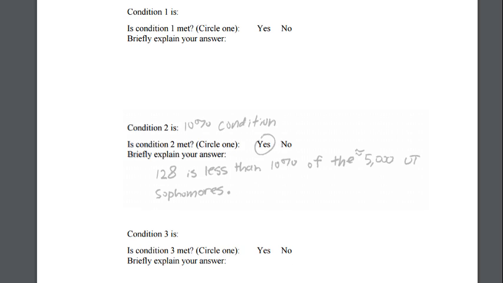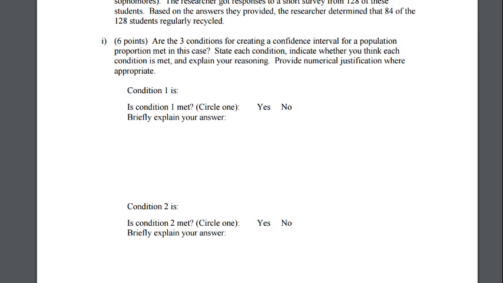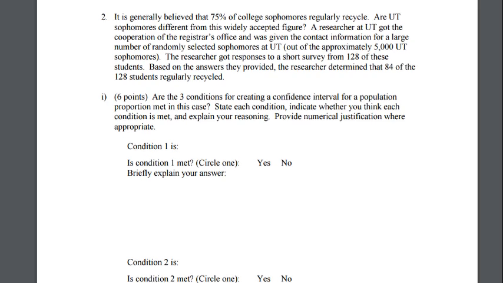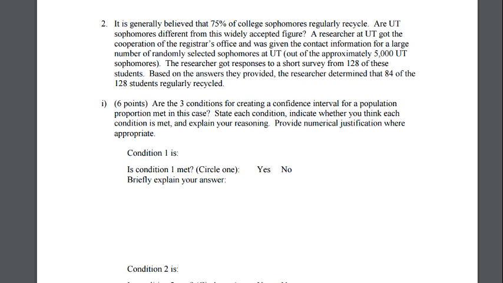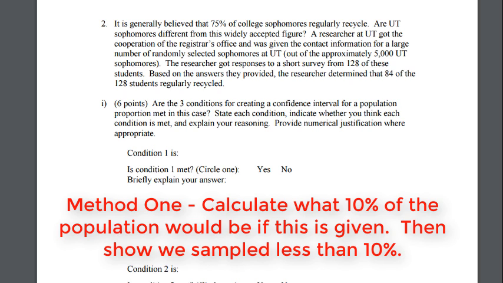Next, we have the 10% condition. Now, how could we justify the 10% condition? The 10% condition is that we need to sample less than 10% of the population. So think about that for a moment. In the problem, we state that there were 5,000 UT sophomores. With about 5,000 UT sophomores, we sampled 128. 10% would be 500. 128 is less than 10% of the 5,000 UT sophomores.